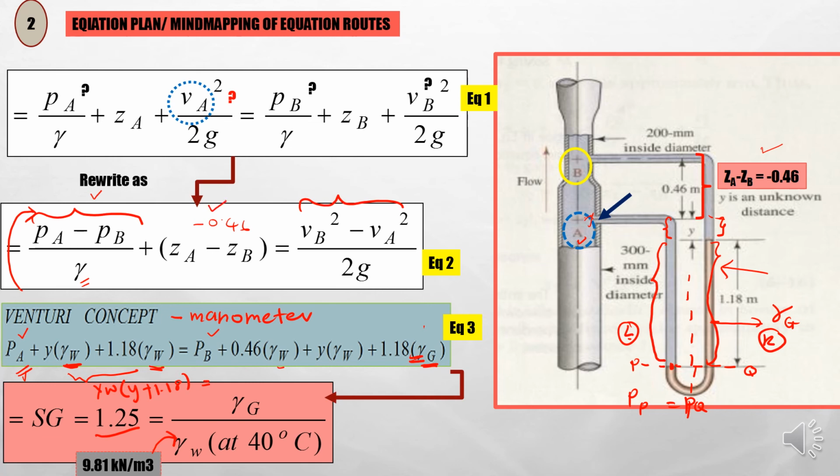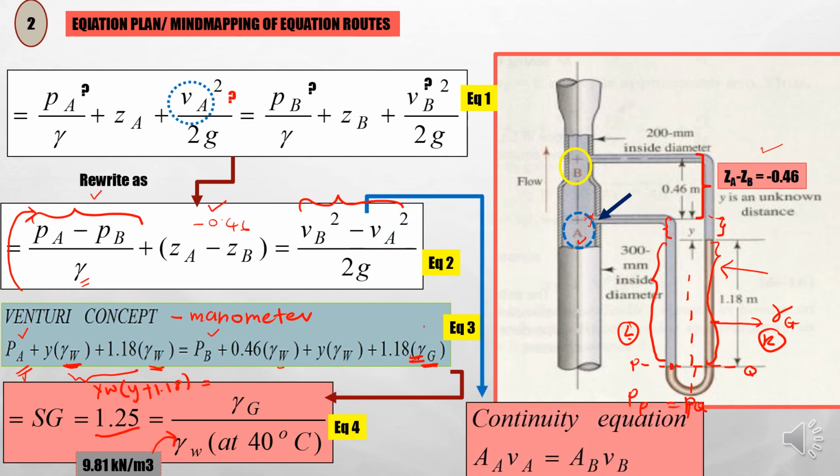The only terms that we don't have the information for yet are the terms on the right side, which are about the velocity. For the terms related to velocity, we can use the continuity equation. I will show you later how to use this continuity equation to complete the terms on the right side.